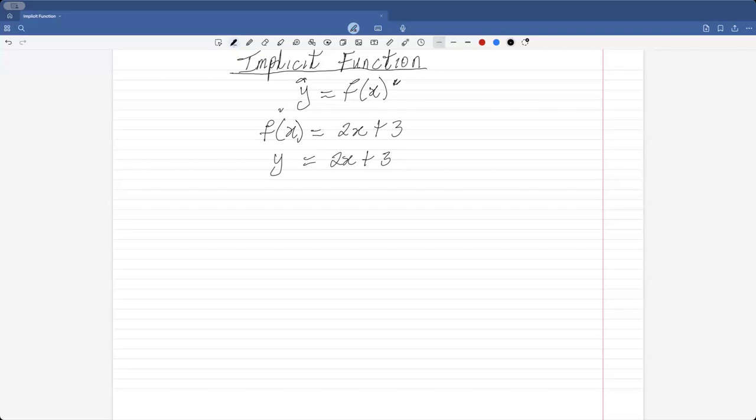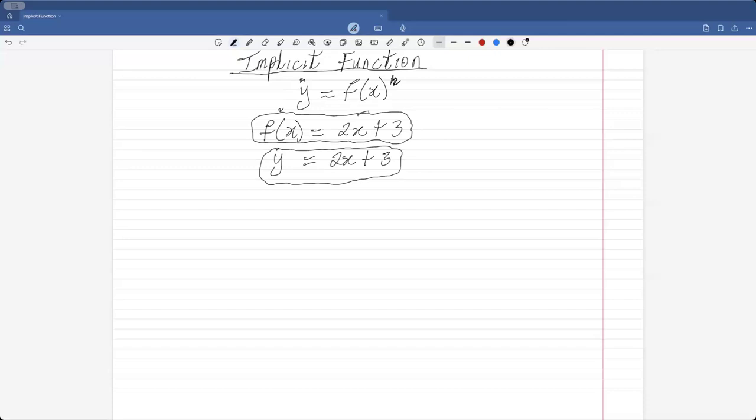So what I'm trying to say here is that if I can use f(x) for this function, I can also use y for the same function because y is a function of x. So let's keep that in mind.